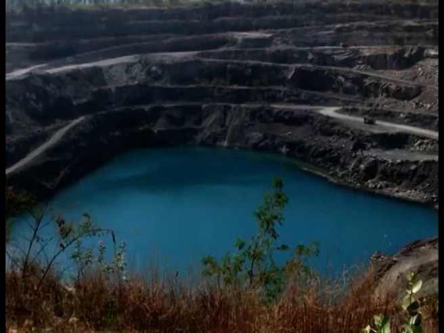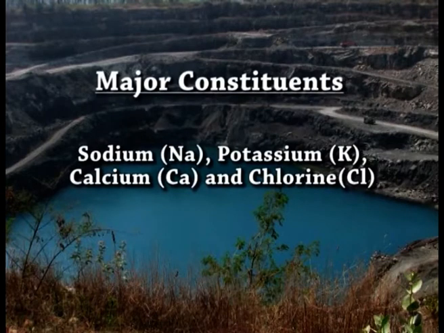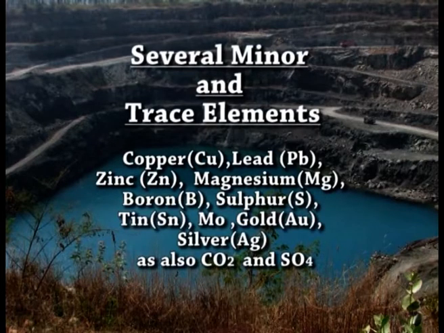The temperature may range between greater than 500 degrees centigrade and pressure 1 to 3 kilobars. Their major constituents being sodium, potassium, calcium and chlorine, while several minor and trace elements include copper, lead, zinc, magnesium, boron, sulfur, tin, molybdenum, gold, silver, as also carbon dioxide and SO4.